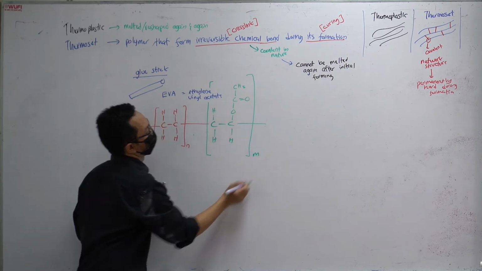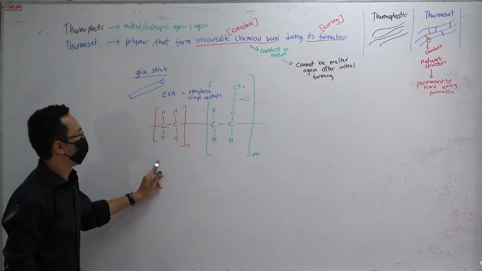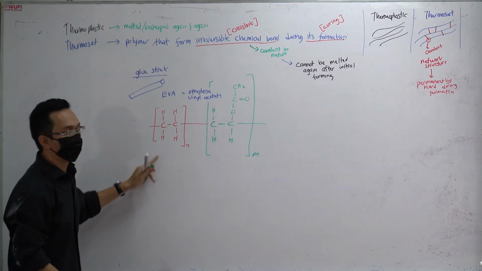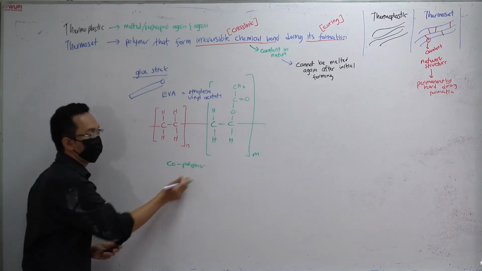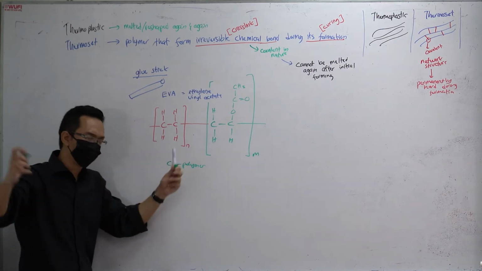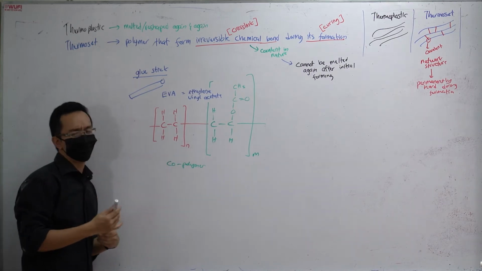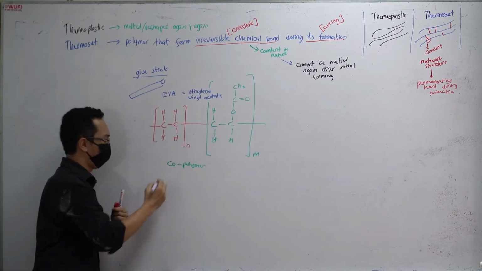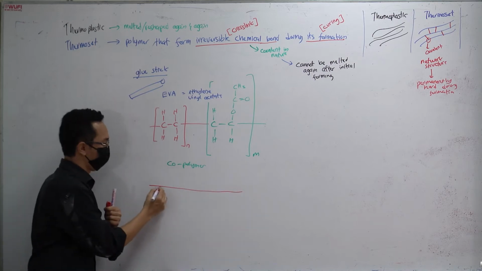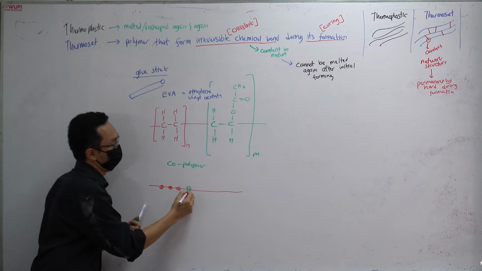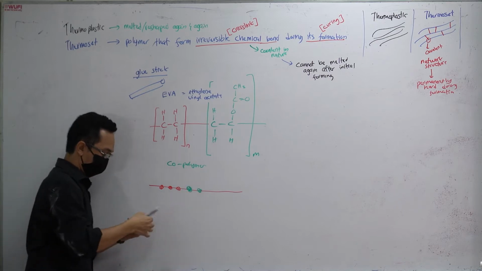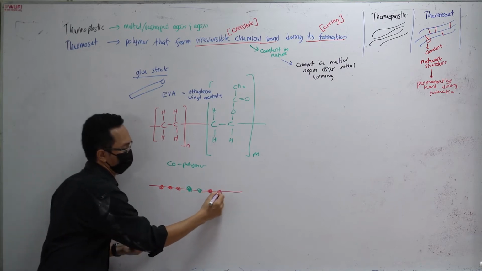This is M. So as you can see, this is what we call co-polymer, meaning that inside the polymer chain, you have two distinct things. For example, let's say this is your chain. You have this here, this here, this here, and then suddenly you have this acetate part, and so on.